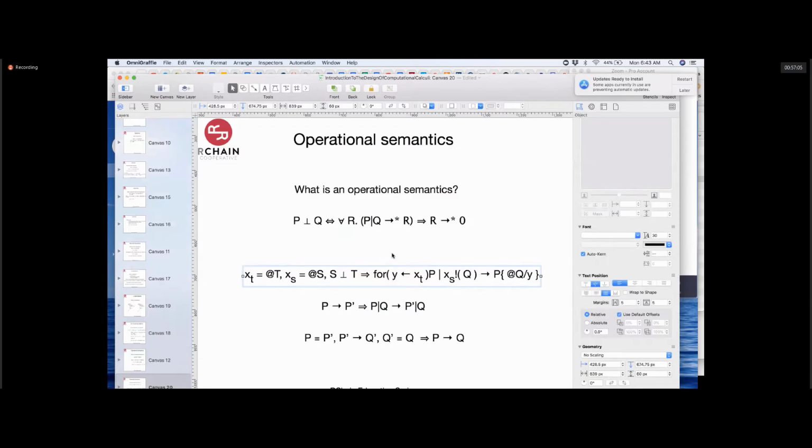Okay. So here's why this gets off the ground. Notice that 0 par 0 is structurally equivalent to 0.